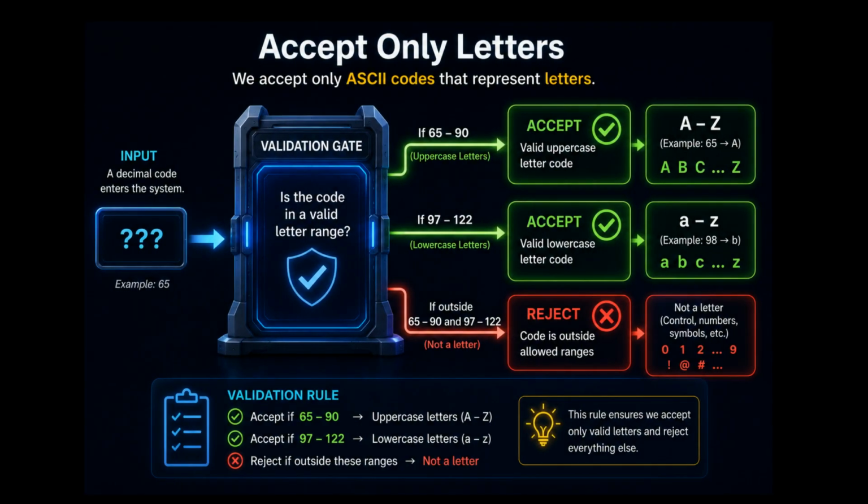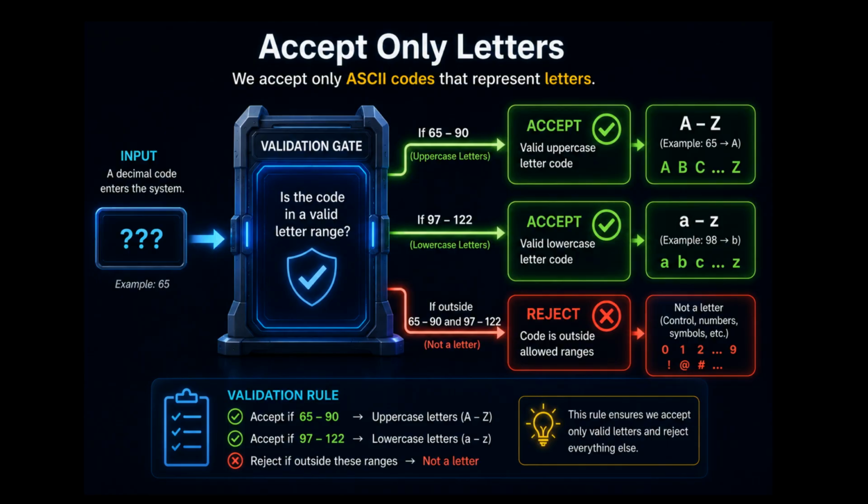Now let's see how we can accept only letter codes. When a user enters a number, our program first checks whether that number is inside a valid letter range. If the code is between 65 and 90, we accept it as an uppercase letter. For example, 65 represents uppercase A. If the code is between 97 and 122, we accept it as a lowercase letter.